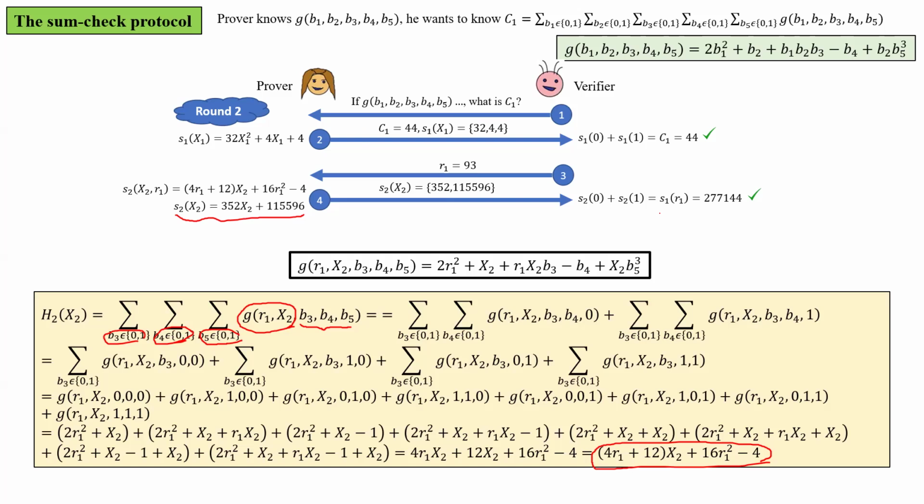So then the verifier could calculate the value of s1(r1). So the sum of s2(0) and s2(1) should be equal to s1(r1). And if you calculate these values, you will reach this number for both sides of the equation. So the second test is passed, and the verifier is convinced that the prover has done everything right until now.